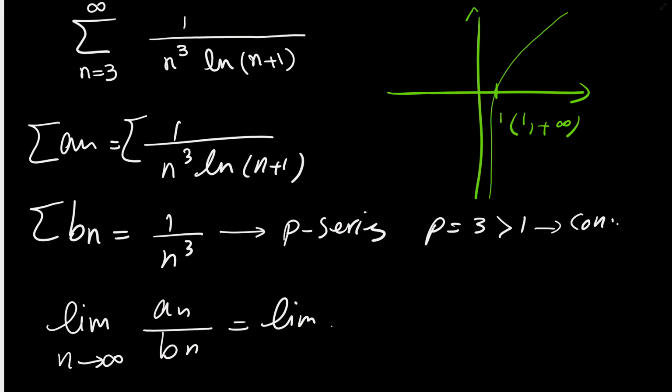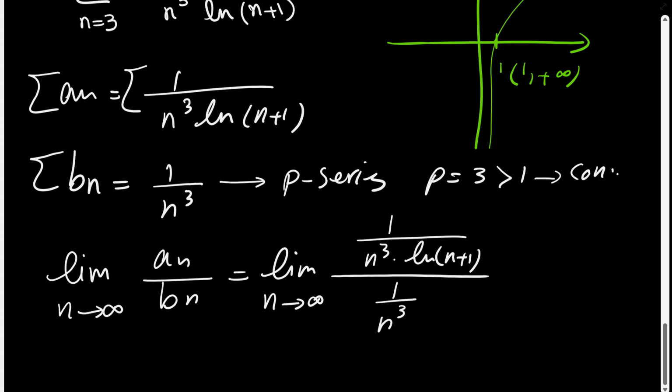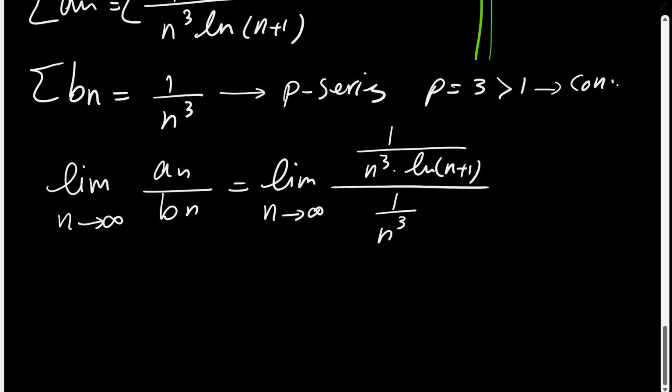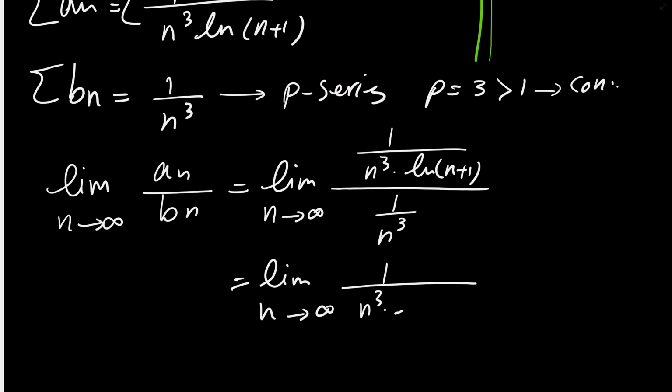So let's take the limit of 1 over n to power 3 natural log of n plus 1 over 1 over n to power 3 when n approaches infinity. So I can write it as a limit when n approaches infinity, 1 over n to power 3 natural log of n plus 1 multiplied with n to power 3 over 1.